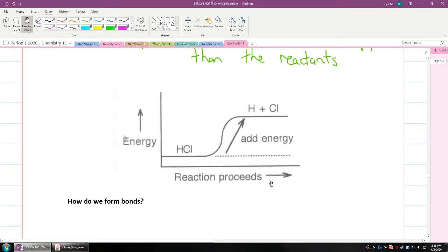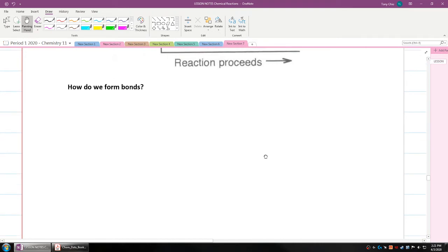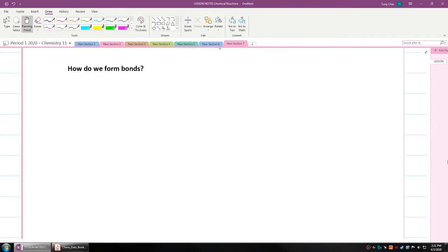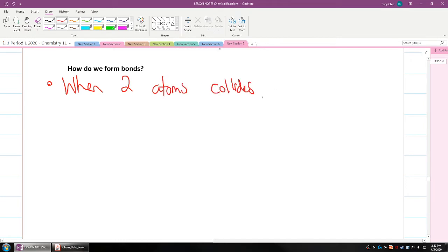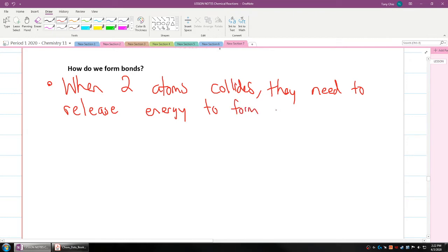So let's talk about the opposite. How do we form bonds? Well, when two atoms collide, they need to release energy to form a molecule.